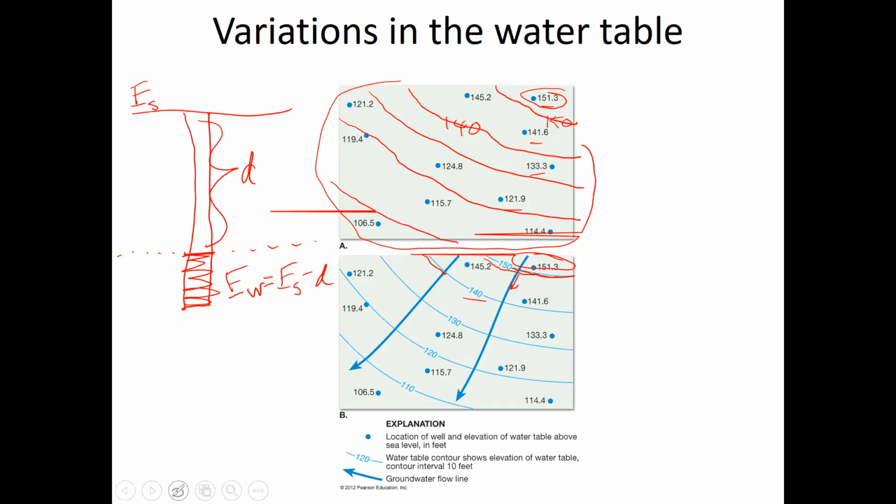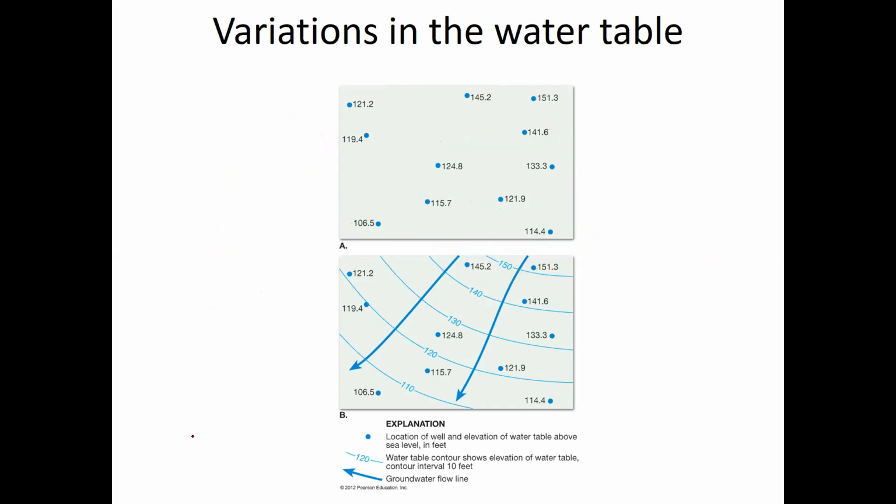And you could see how the elevation decreases in this direction. And so this is the direction of steepest descent. So the water table actually slopes down in this direction. And so you know that water flows from high to low elevation. So if this is the surface and this is the water table, because it's higher elevation over here, groundwater will flow from high to low elevation.